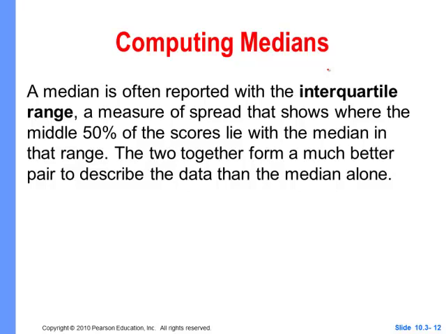We're going to calculate it, of course, for a data set, but that's what it means. And they say that it's a better measurement to have those two numbers as opposed to the median by itself.